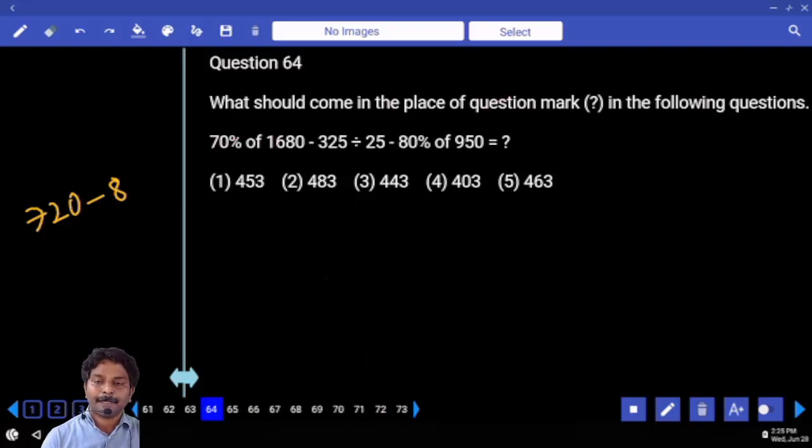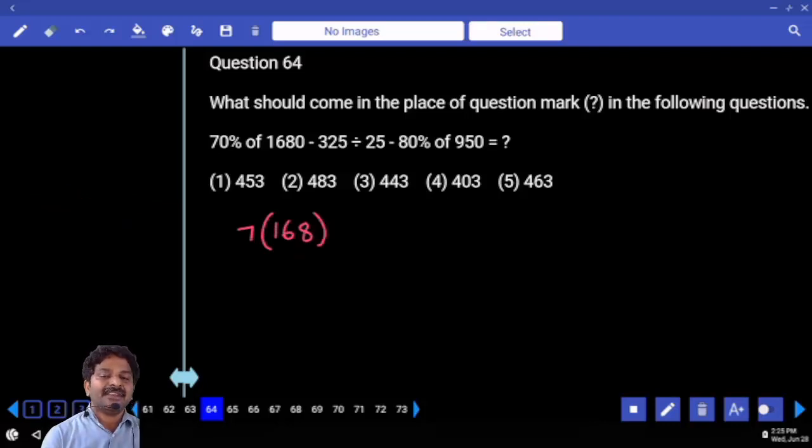Following. 7 times of 168. 70%. 7 into 10%. Yes. We'll consider that later. Don't worry. Minus 325 divided by 25. In 100, how many 25s will be there? 4. In 300, 12. Plus 1 more 25.